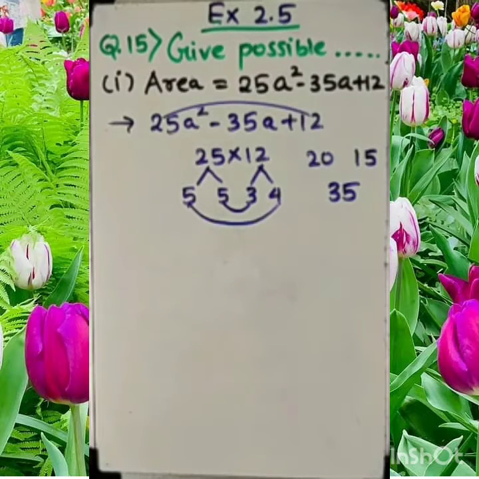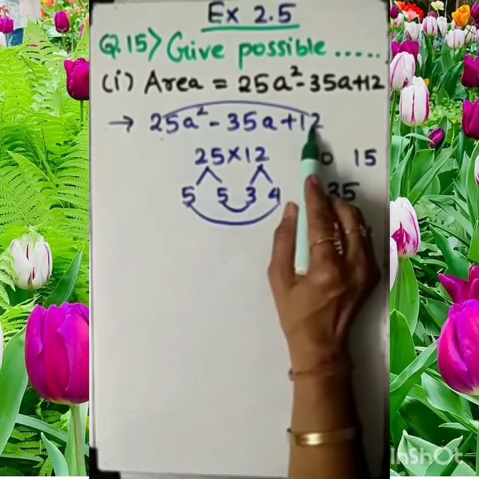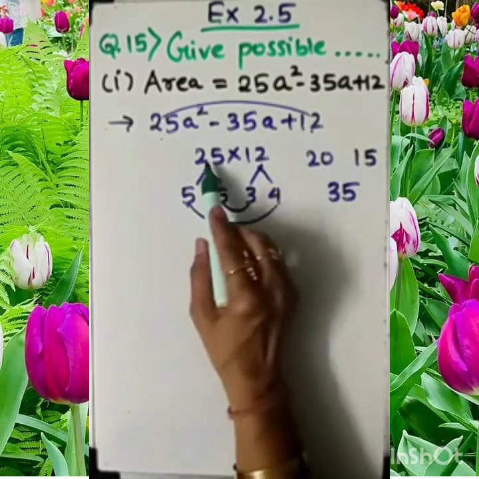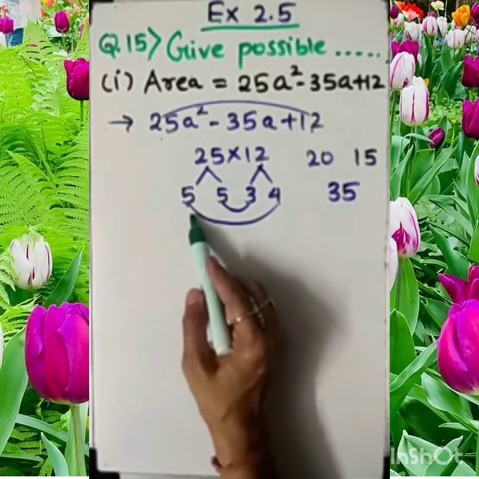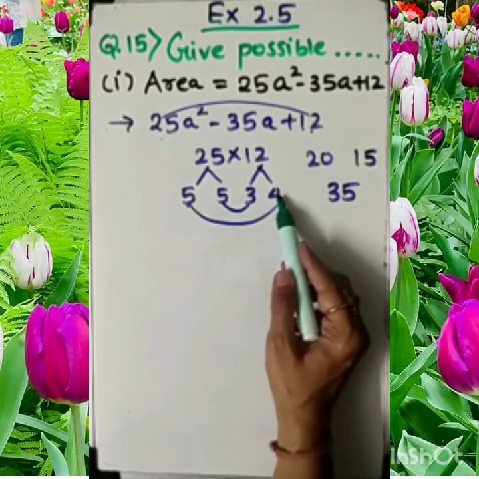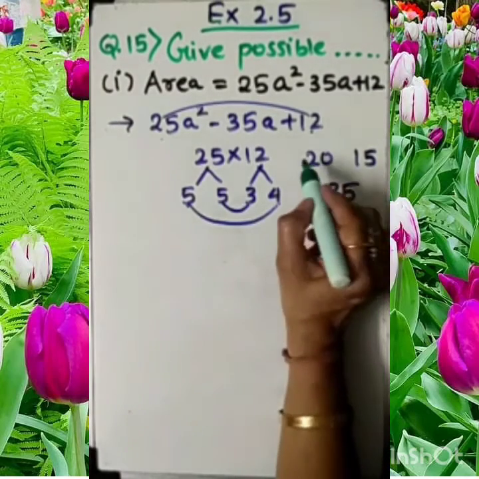Fine. This is the technique of making a pair in such a way that the factors are arranged so that we get the middle term. As we want minus 35 as the middle term, first I multiplied the first term and the numerical term, got its factors, and I am making an arrangement such that 5 fours are 20 and this 15 gives the sum 35.